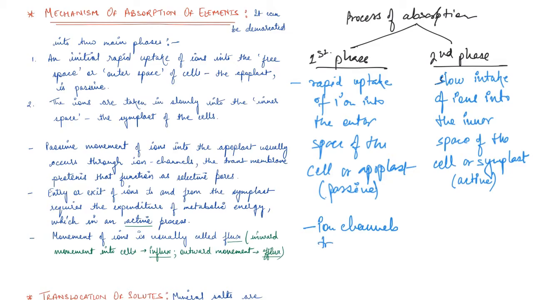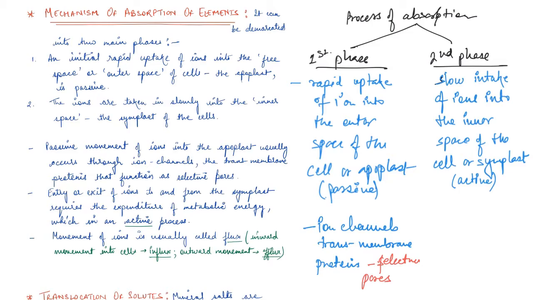These are transmembrane proteins, and they function as selective pores. On the other hand, the entry or exit to or from the symplast requires expenditure of energy, which is an active process.